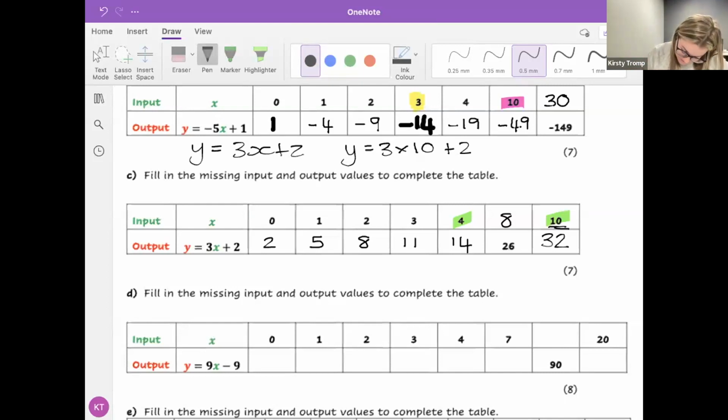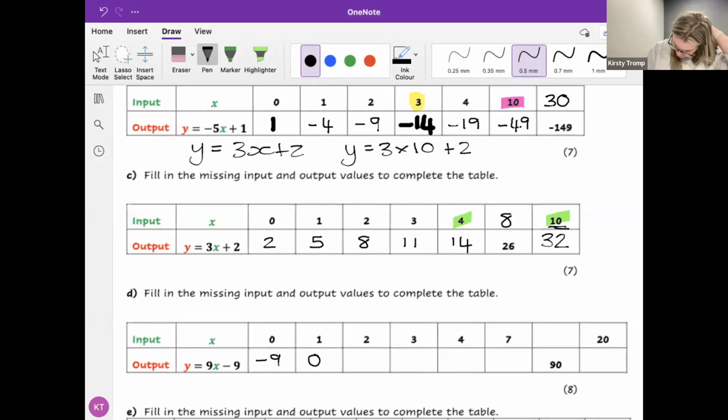Miss, 9 times 0 is equals to 0, and 0 minus 9 equals to -9. Fantastic, Amar. Next one. -9, 9 times 1 equals 9, and 9 minus 9 equals 0. Good.